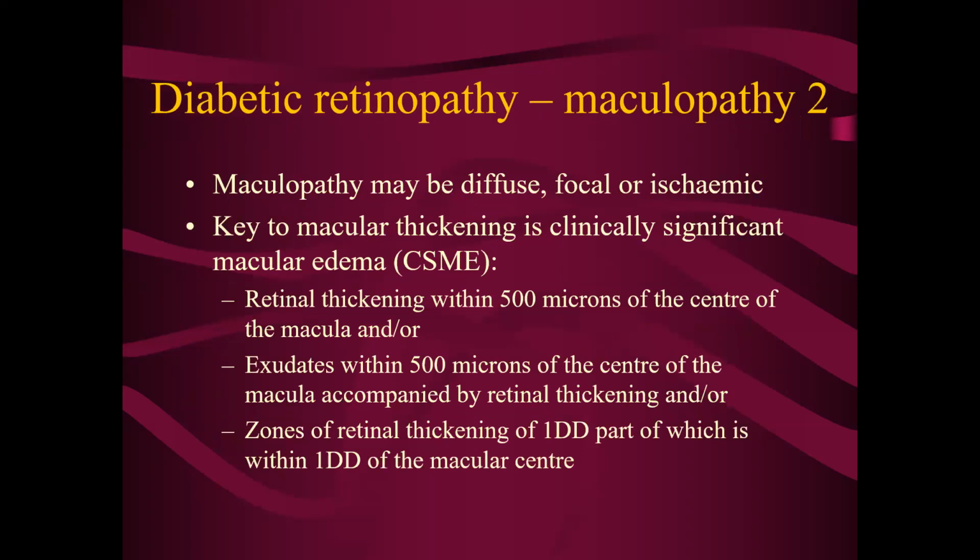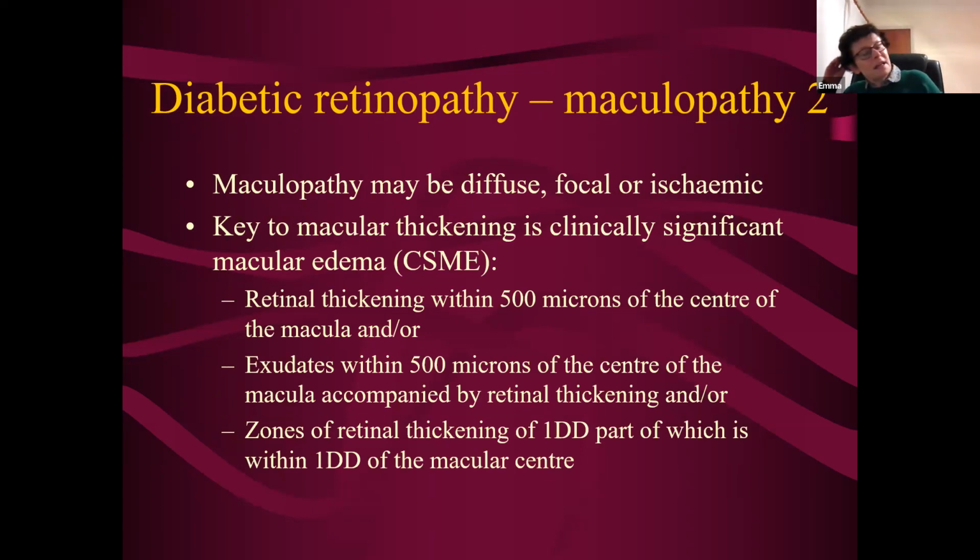So maculopathy can be diffuse, focal, or ischemic. And the most important term that we use, depending on whether you are on this side of the Atlantic, you'd call it CSMO, I beg your pardon, or CSME if you're in America. And that is retinal thickening within 500 microns of the center of the macula, and/or exudates within 500 microns of the center of the macula, accompanied by thickening.